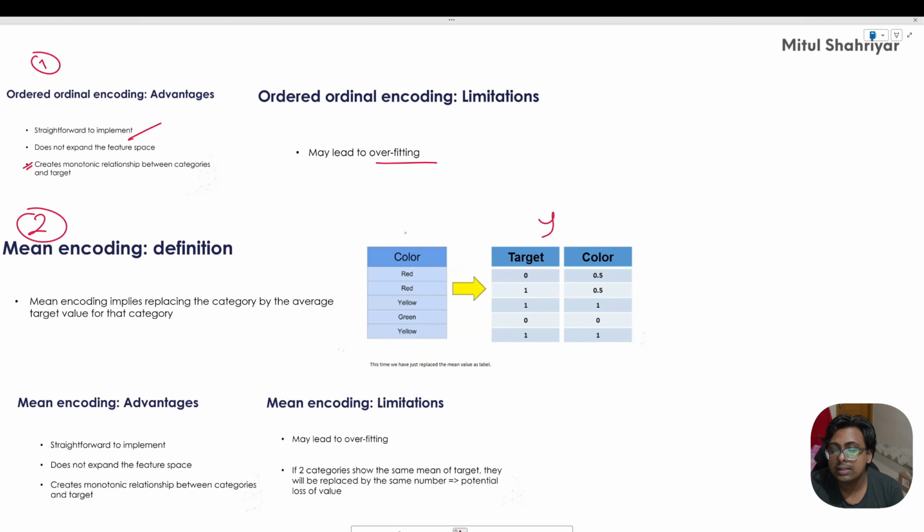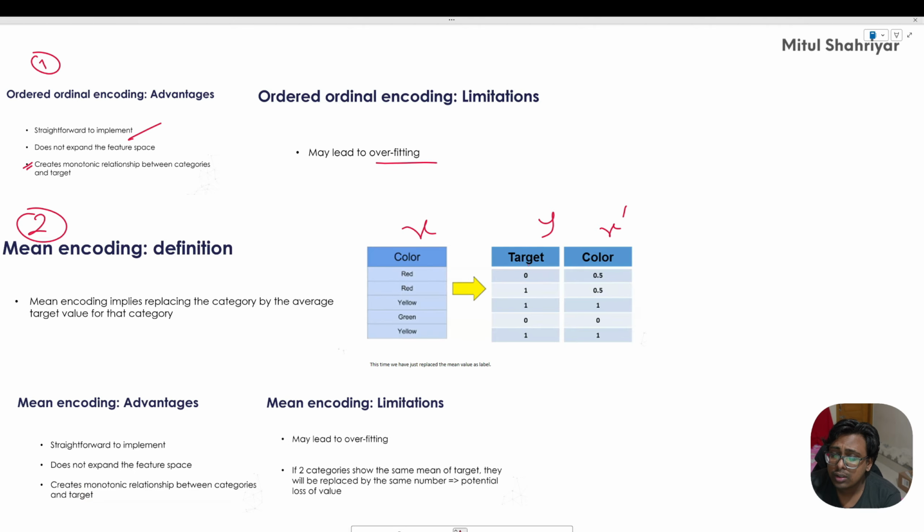So this is our y, this is our x, and this is our x prime. Basically, we're replacing this column with this. So the mean value for the red is basically 0.5. For the yellow it is basically 1. And the green is 0.